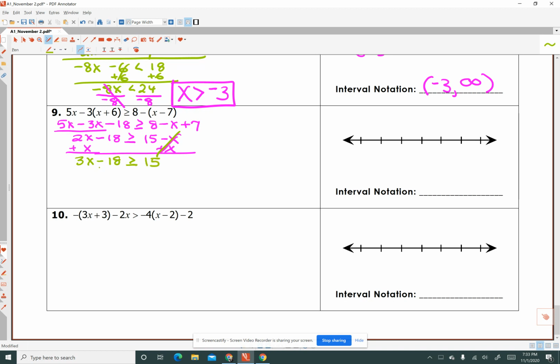Let's add 18 to both sides. 3x is greater than or equal to 33.